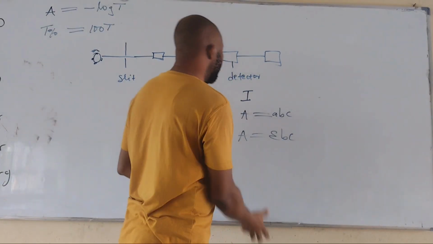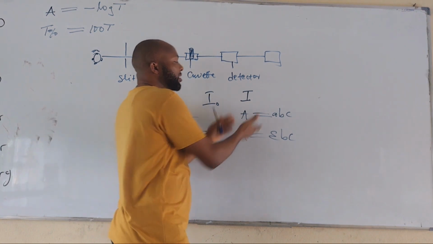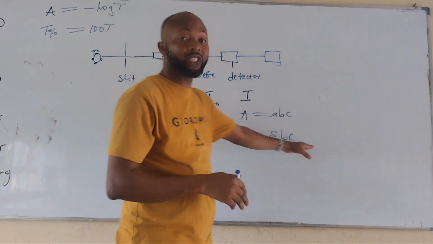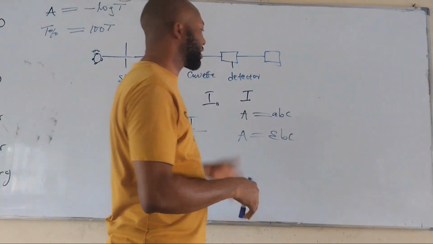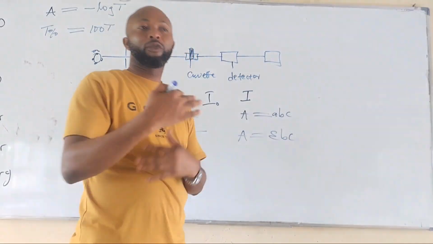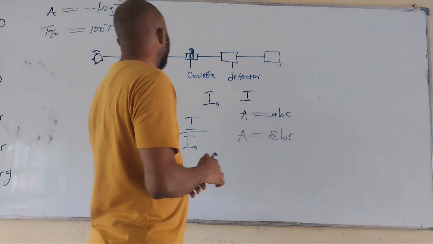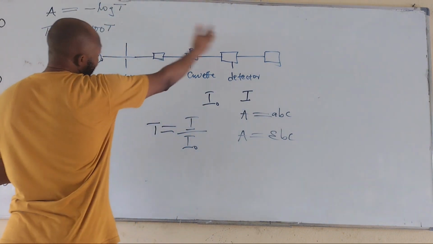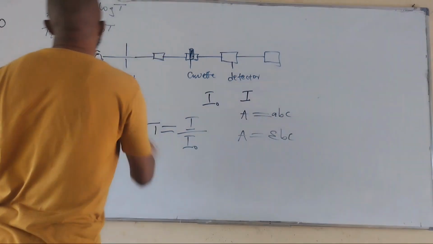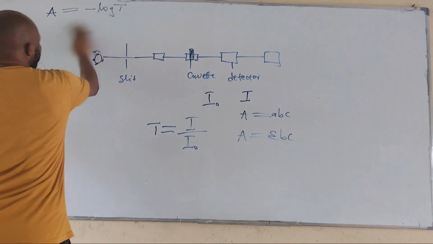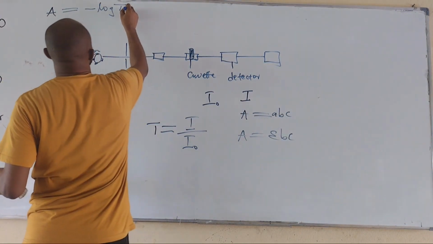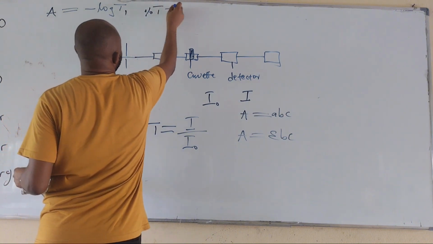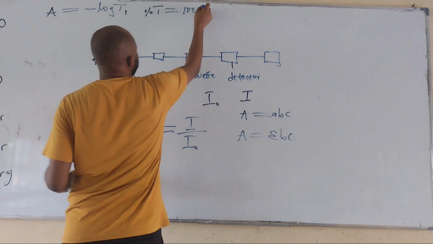Many a time, A increases directly with concentration. As the absorbance increases, the concentration tends to increase in that sense. So when we plot our graph for Beer-Lambert's law, this becomes distinctive. Let me write all the formulas up here so that while we solve what we're solving, we can be seeing them. We have percentage transmittance, which is 100T.